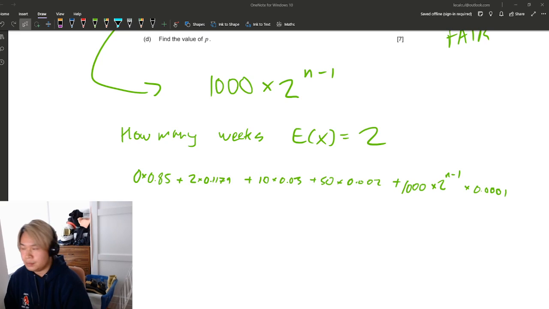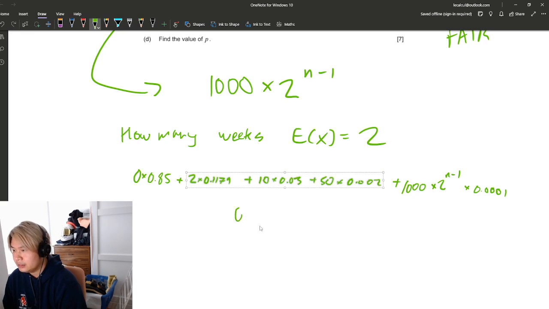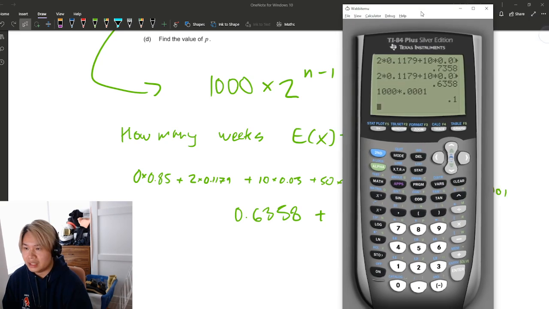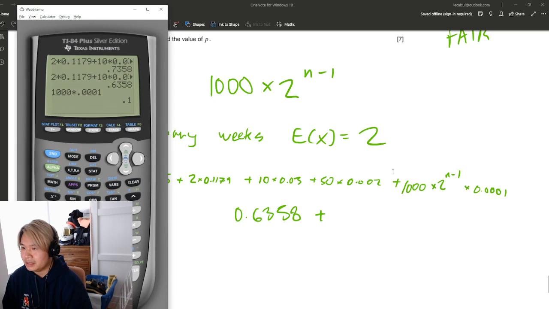So 0.6358. Okay. And then 1,000 times 10 thousandths is, well, I think it's like a tenth. Yeah. So I'm multiplying these 2, that's 0.1. I've basically copy and pasted these three, this one, and this one to get that one.